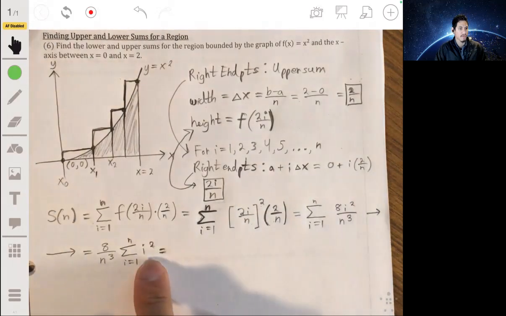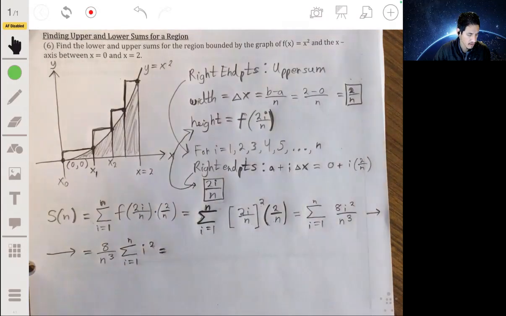And then we can use a formula to rewrite and simplify the sum of i squared.